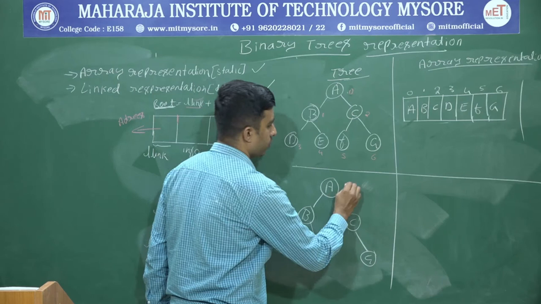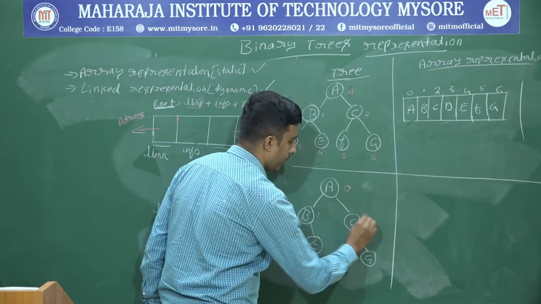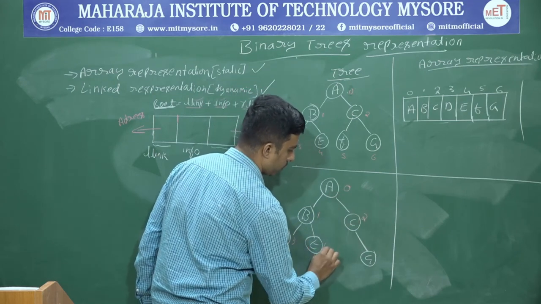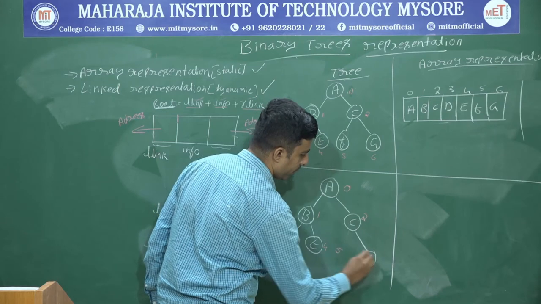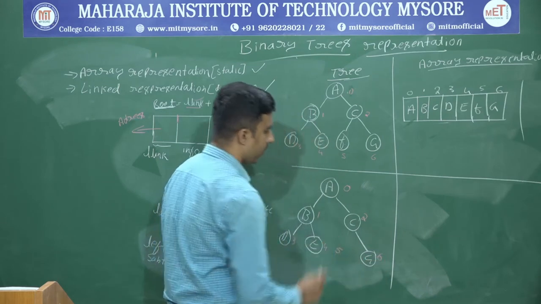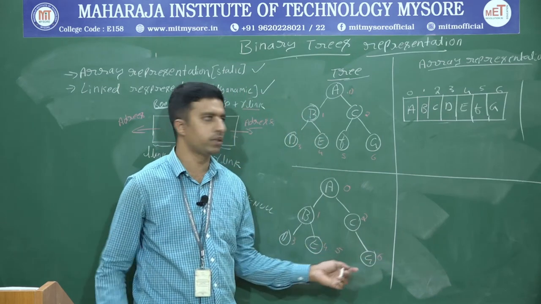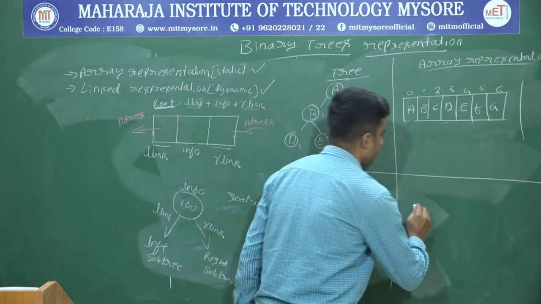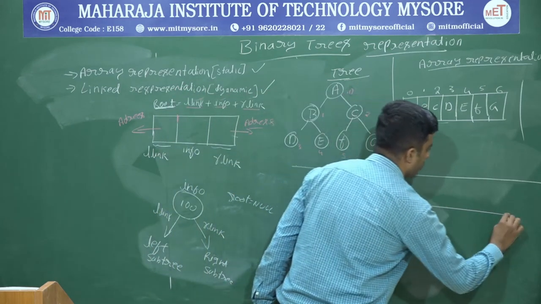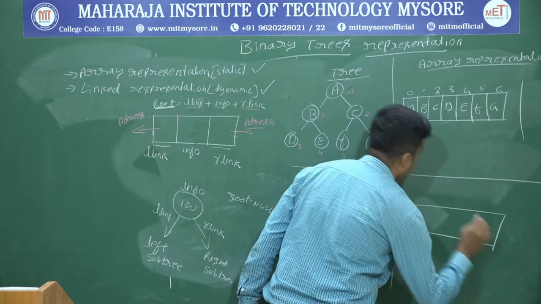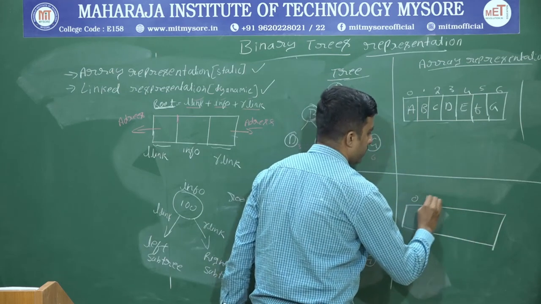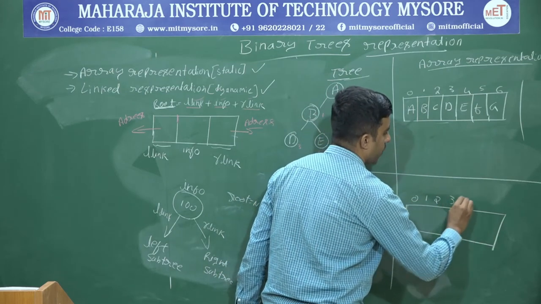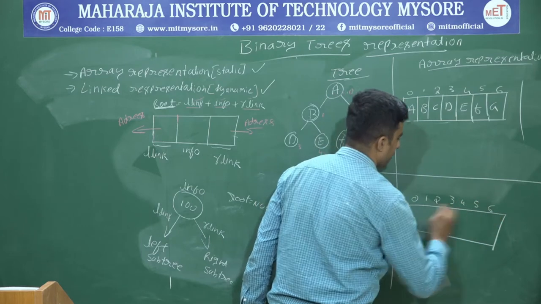The 5th location should be present, but in this tree you don't have the 5th location. How do you represent that? Simple, it follows the same array: 0th position, first, second, third, 4th, 5th and 6th.